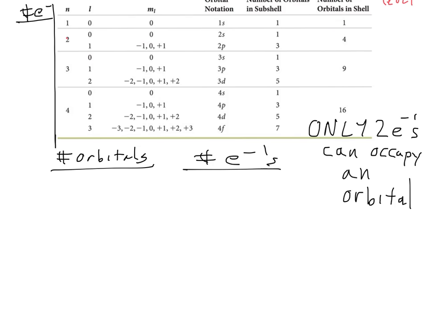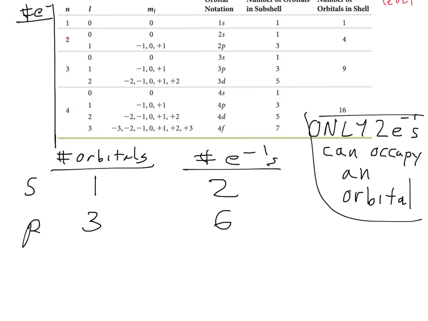And we'll actually apply a fancy term to that and name it after some dead guy, but right now just take it as a statement of fact that only 2 electrons can occupy an orbital. So if I'm in my s subshell and I have 1 orbital, then my number of electrons that can be in the s subshell is 2. If I'm in a p subshell, I can have 3 orbitals and a total of 6 electrons. If I'm in a D, I have 5 orbitals, so I can have 10 electrons. If I'm in the F, I can have 7 orbitals or 14 electrons. And you're responsible for knowing that.